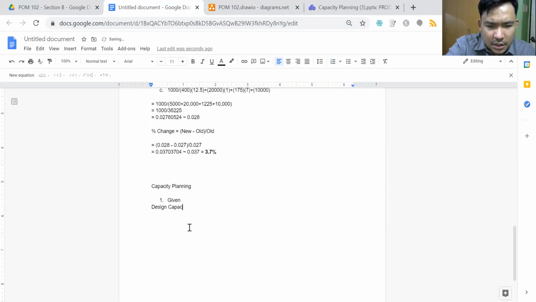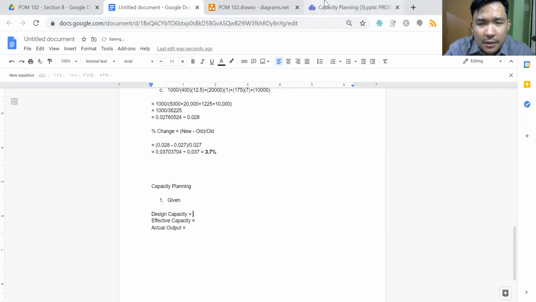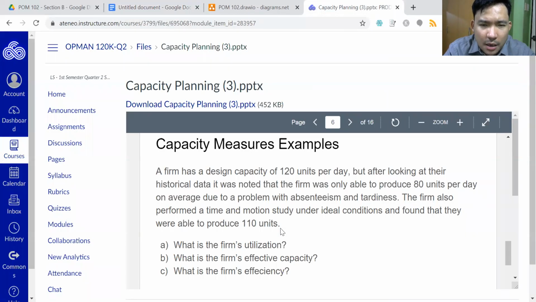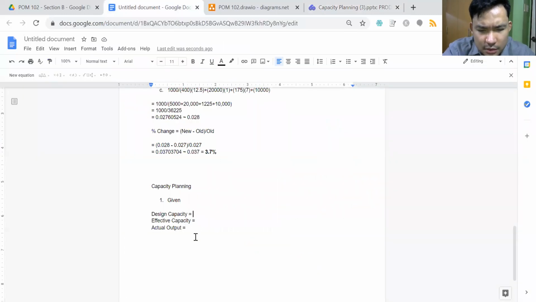We also have effective capacity, and then actual output. Usually these will be the variables that you will be looking out for when you're answering capacity planning problems. So design capacity is 120 units.